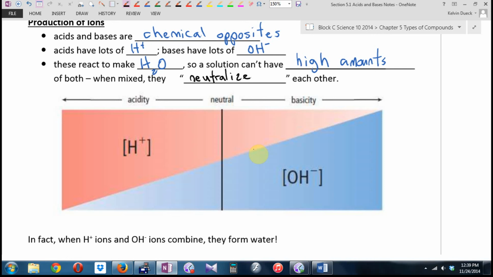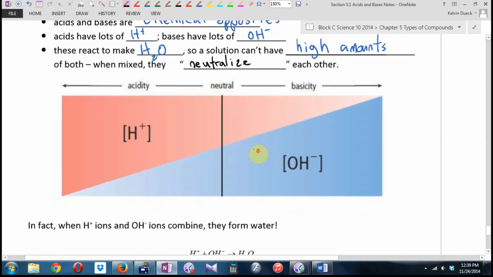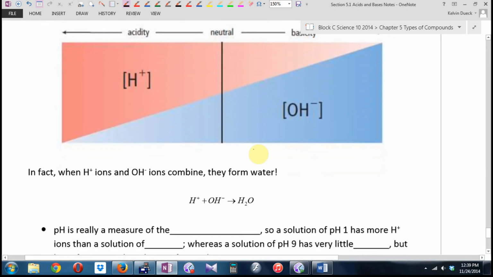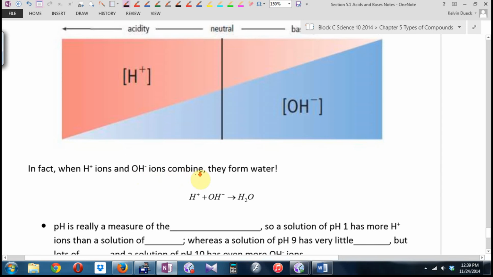What you're saying is you've got extra H pluses. That's an acid. When you become more alkaline, a fancy word for basic, you're not saying you don't have any H pluses. You're saying you've got more OH negatives. It's alkaline. It's basic. So when H plus ions and OH negative ions combine, they form water.